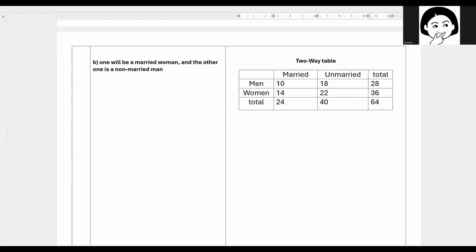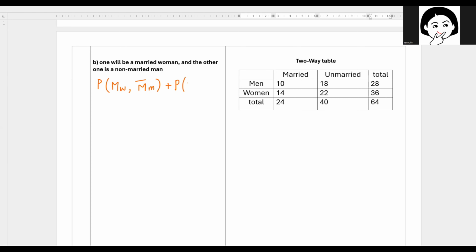I'm just symbolizing it, capital M for married and capital M with a bar on the top as unmarried. And then plus I will have a second case, where I pick an unmarried man first and then a married woman second. So there's two branches if you think about it. Each branch you times it, but if it's in a different branch, which means a different case, we will plus it.